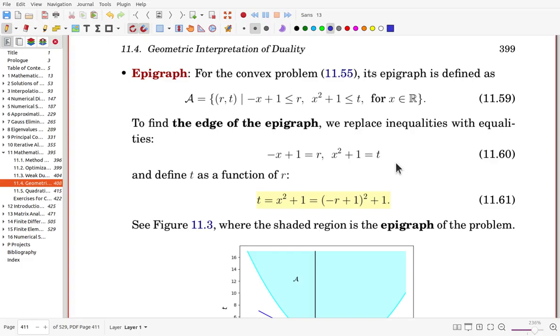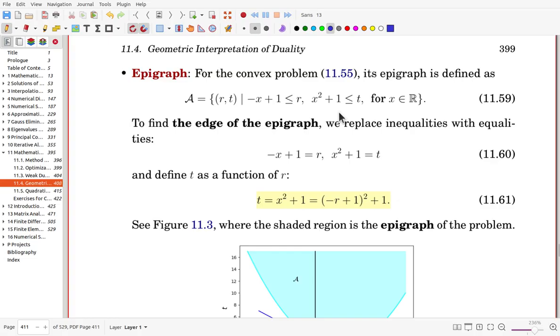For the convex problem, the epigraph is defined as this: the collection of (r, t), where r is an upper bound of the inequality constraint function and t is an upper bound of the objective function, the upper portion. So it is an epigraph. This is the definition. Now we want to draw the epigraph.